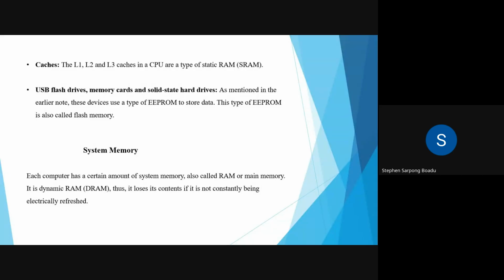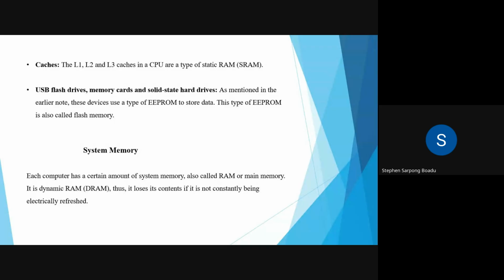When you say memory is non-volatile, that means when your PC goes off, it doesn't lose its data. So our memory cards, our USB flash drives, and the solid state drives, these ones store data permanently. They don't store data temporarily, right?